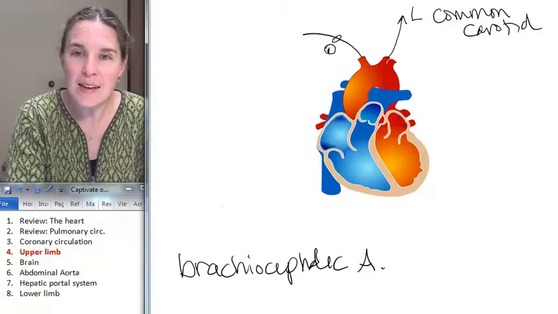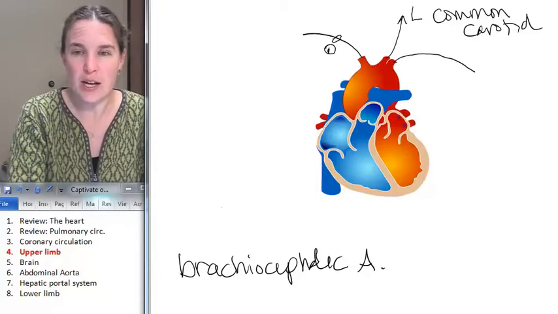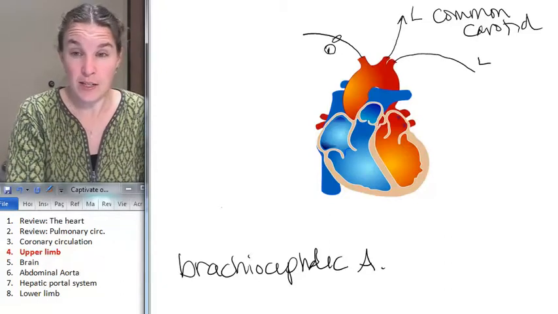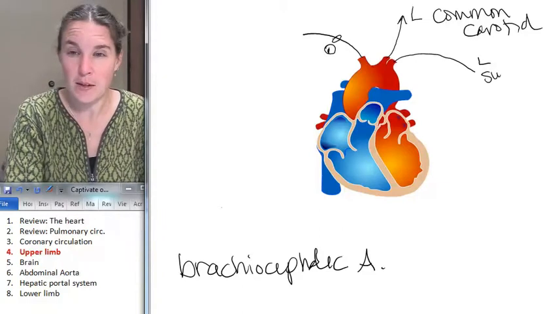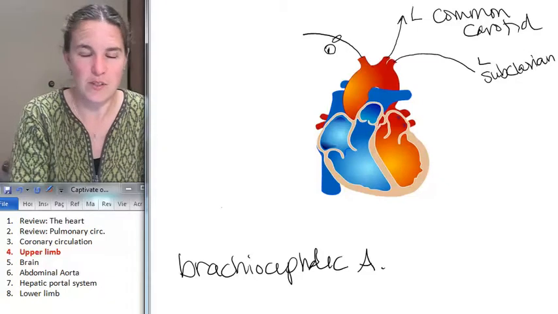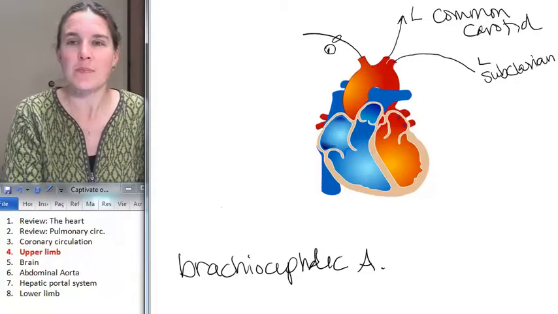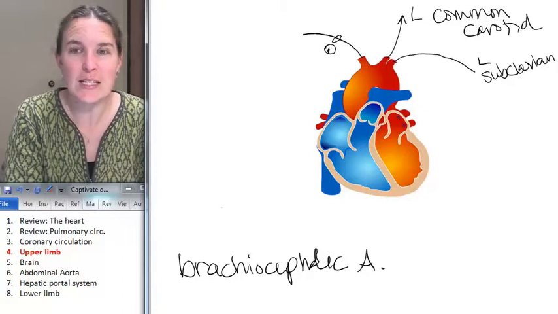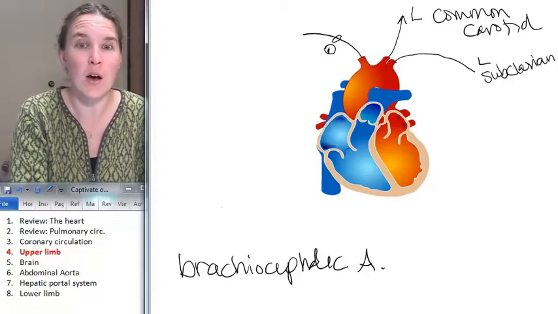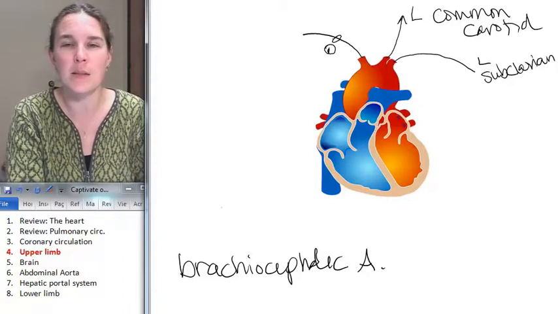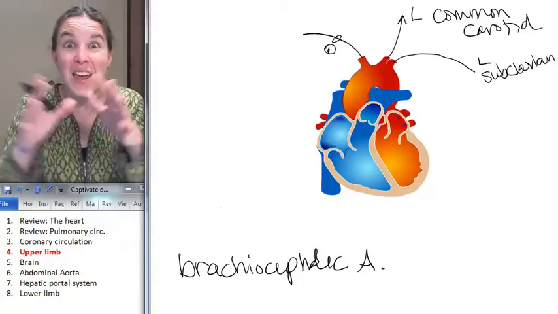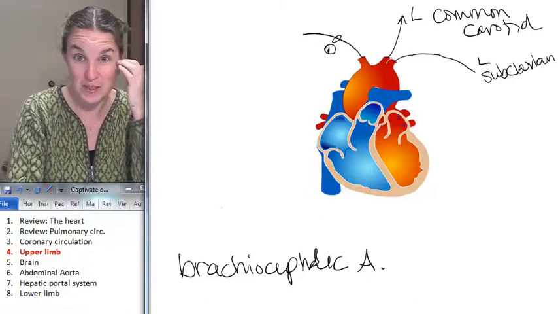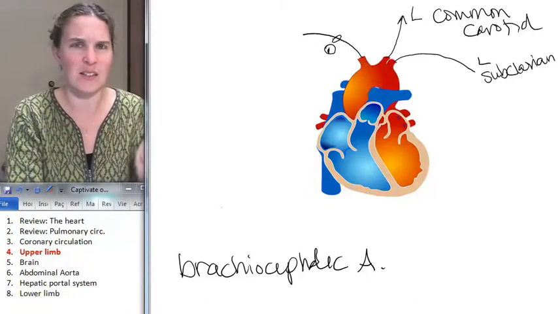And then the third branch is the left subclavian. Left subclavian is the point at which we can then say, as soon as we find the right subclavian over here, we'll make sure that we're symmetrical on our arms. But until we get there, it's a little bit funky.